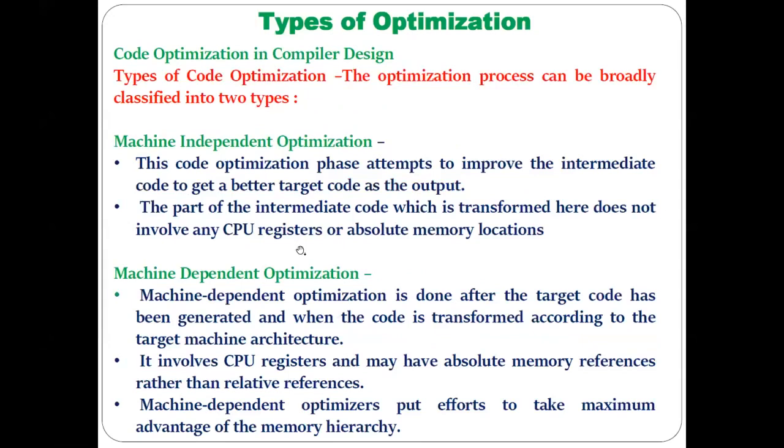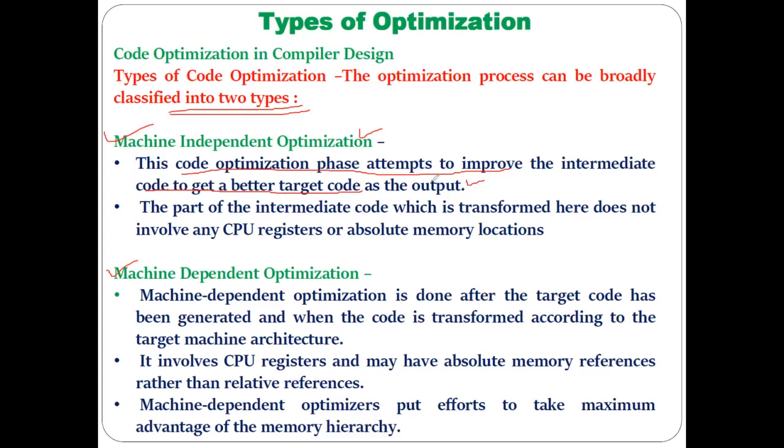Generally, for code optimization there are two types, depending on when the code optimization is performed. First is the machine independent code optimization, and second is the machine dependent code optimization. As I told you, when code optimization is performed before code generation, that optimization is called machine independent optimization. This code optimization phase attempts to improve the intermediate code to get a better target code as output.